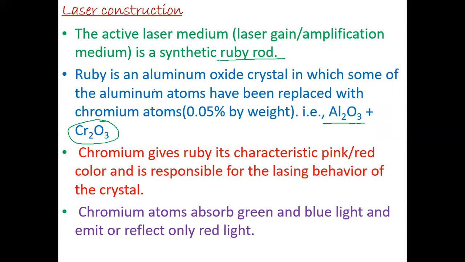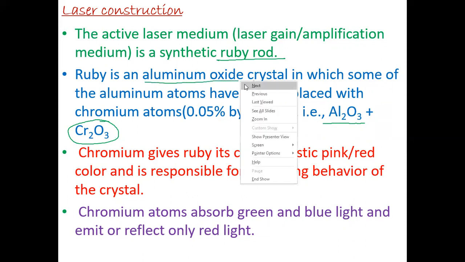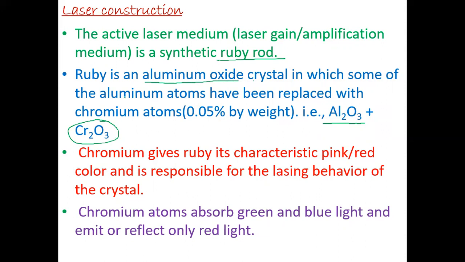In this case, some of the aluminum atoms have been replaced with chromium atoms. The ruby rod exhibits a pink or red color due to this doping. And the chromium atoms already present in the ruby crystal absorb only green and blue light coming from the external source.